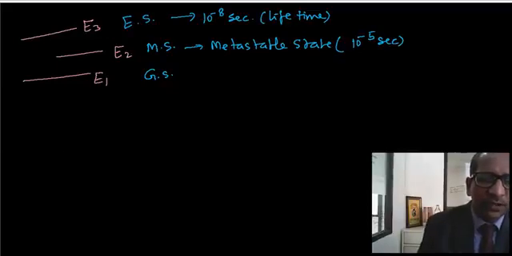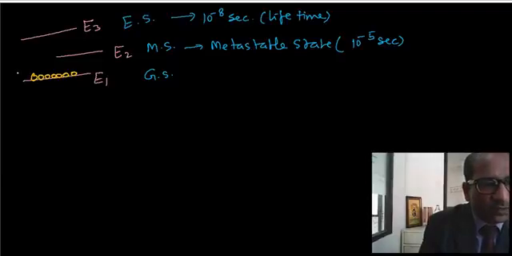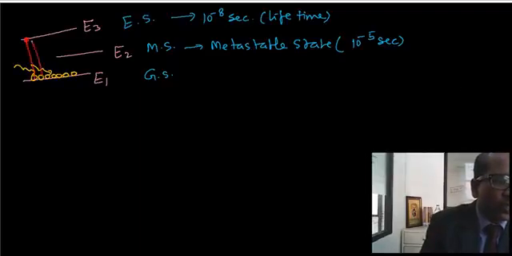What happens actually, as you know, the atoms are in the ground state, and photons of a specific frequency fall on them, and as a result these atoms go into the excited state this way. You know the lifetime of this state, right?